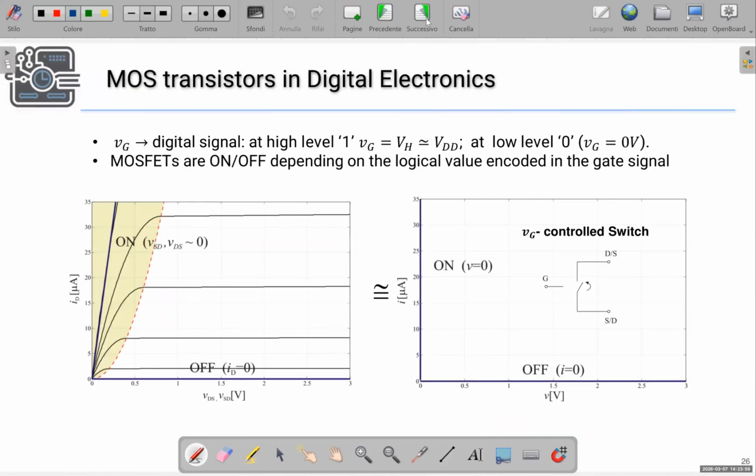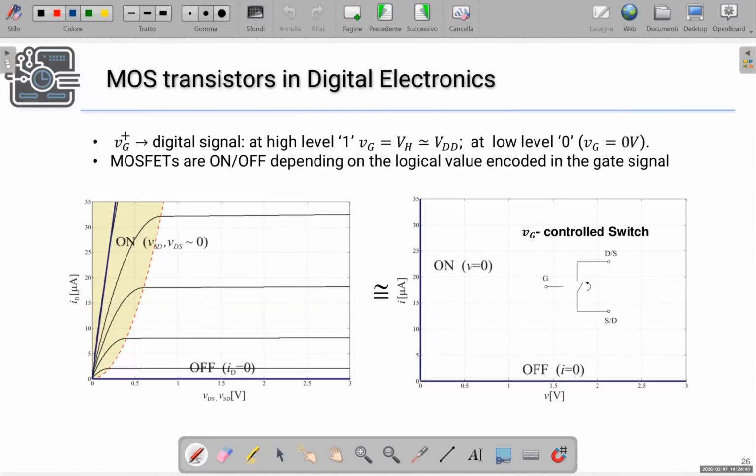Now let's see how these characteristics can be exploited in digital electronics, assuming we have digital signals as the signals applied to the gate of an MOS transistor, in which digital information is associated, at the high logic level, to a voltage equal to the positive supply voltage, and at the low logic level to a low voltage corresponding to the reference voltage.